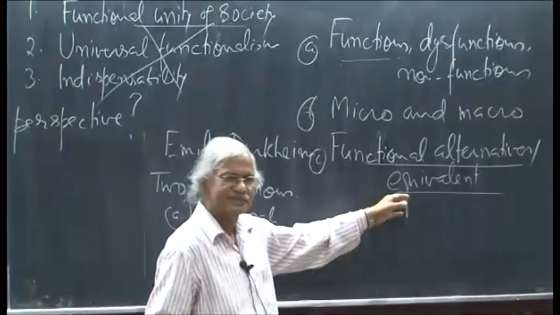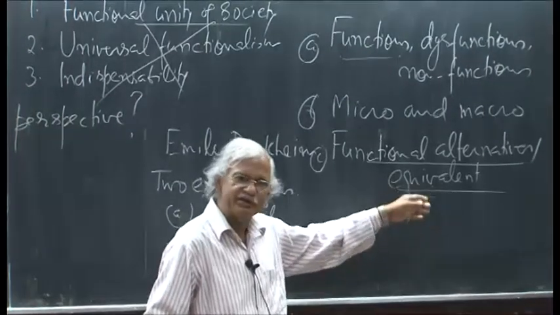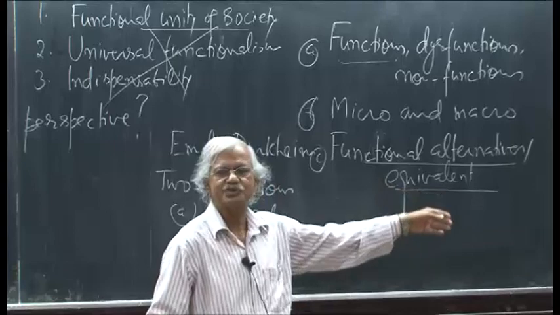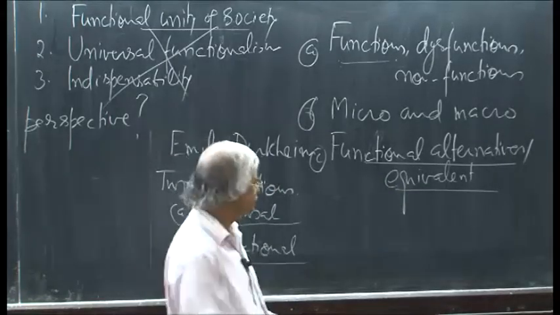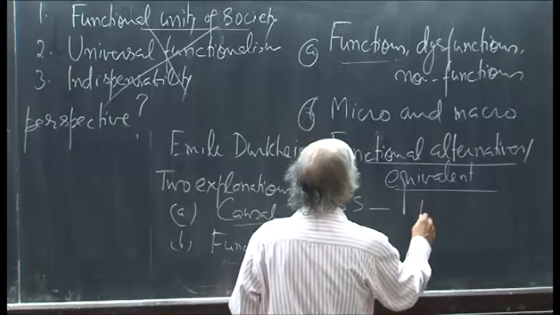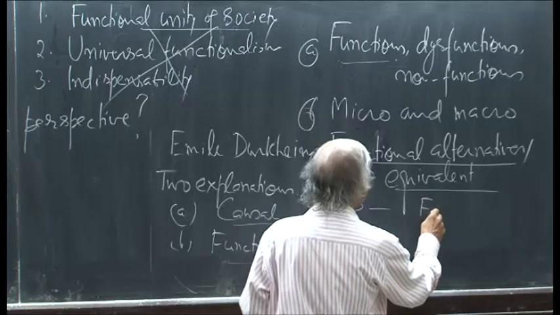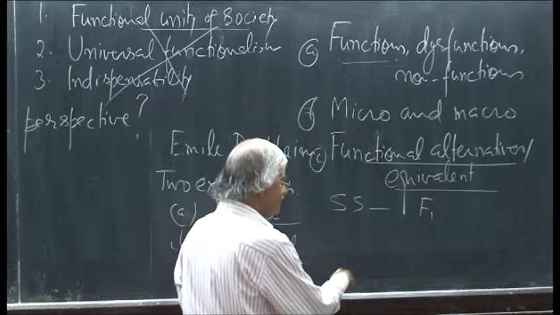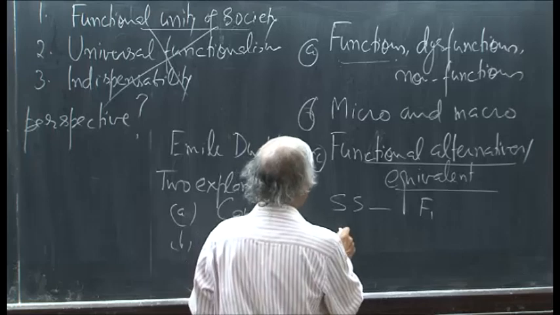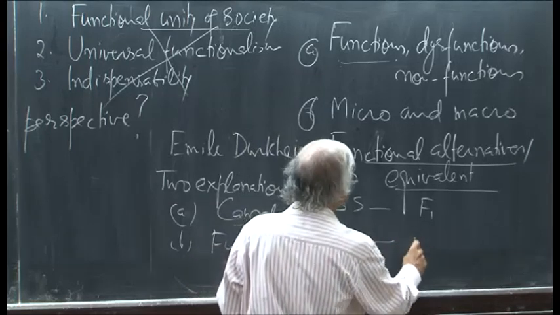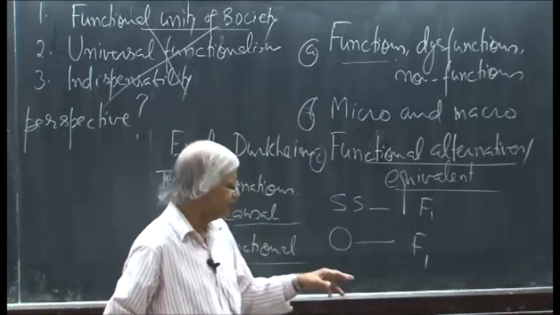What are those things which will have equivalent function in society? Social stratification has, say, function F1. There may be some other thing O which also has the same function F1.